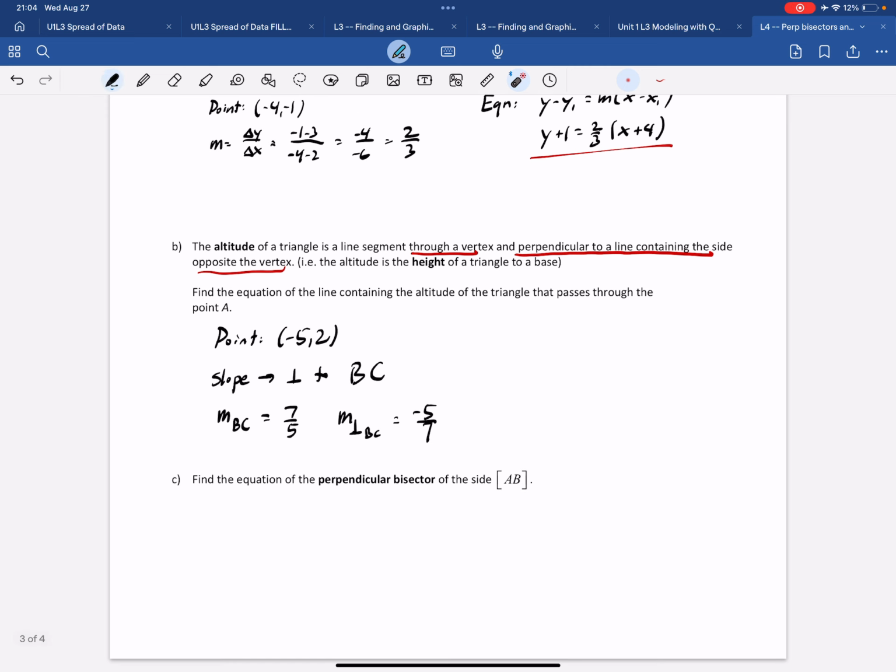Now we've got enough to do the equation. y minus 2 equals negative 5 over 7 times x plus 5.